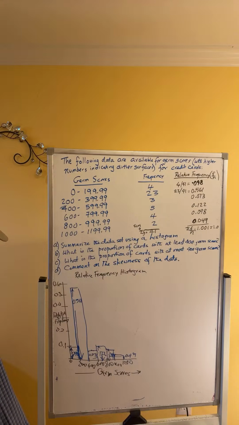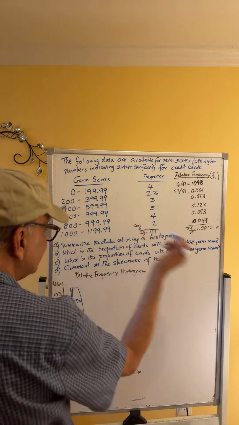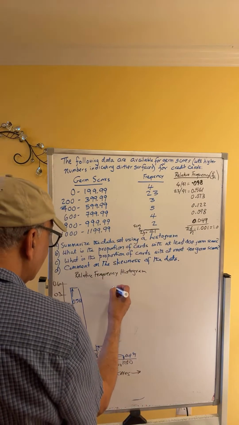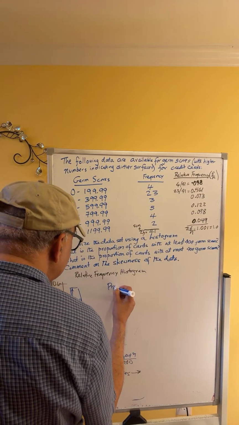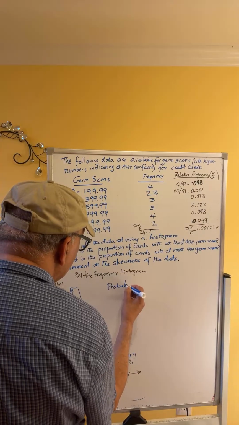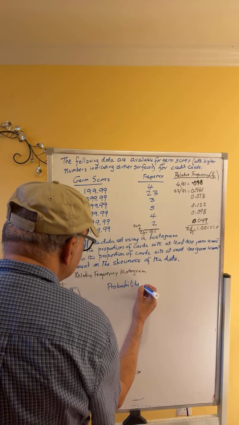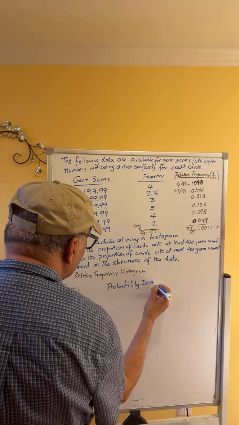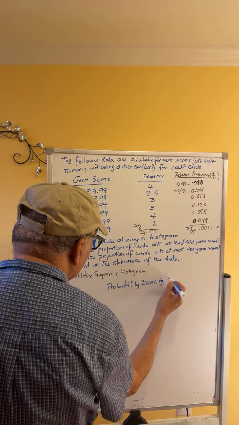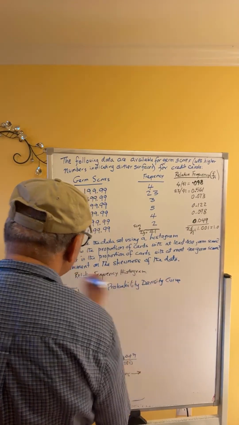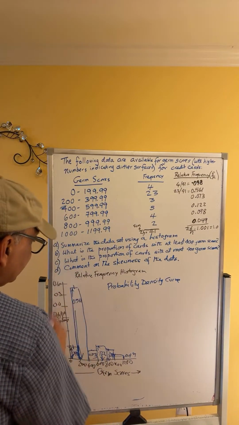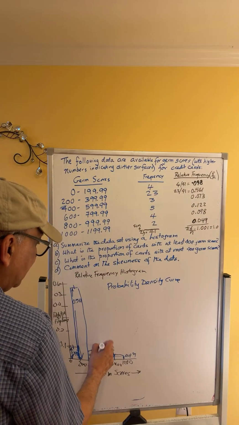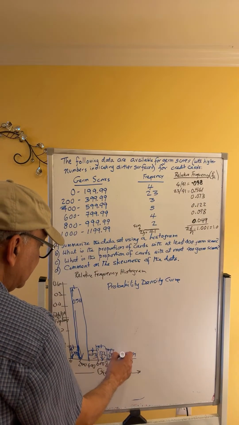Okay. One thing I will point out which is extra, which is not in this problem, is how to get a probability density curve, because that might help us on answering part D. So you locate the middle of the top of the roofs in each case.